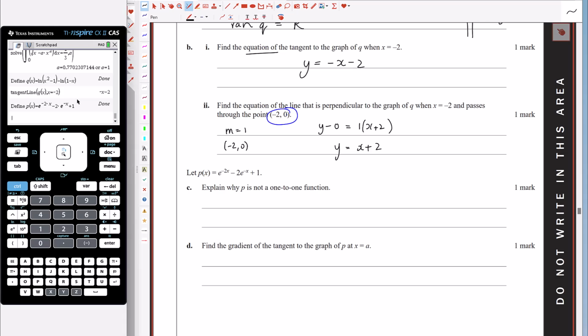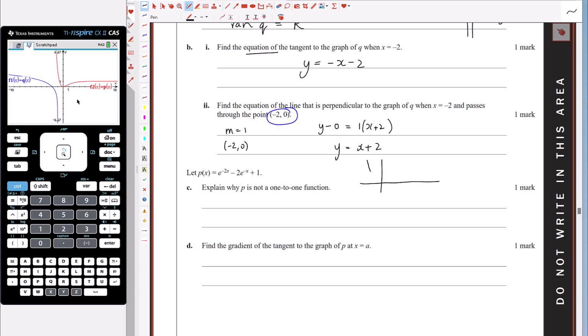Okay, so let's have a little look at p. Okay, so it's not a one-to-one function because it fails the horizontal line test. It passes the vertical line test, that makes it a function. So it's sort of doing this, and then it's going to asymptote out this way, okay, where that's y equals 1.